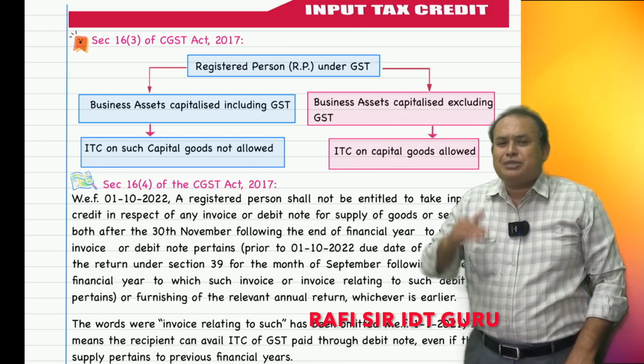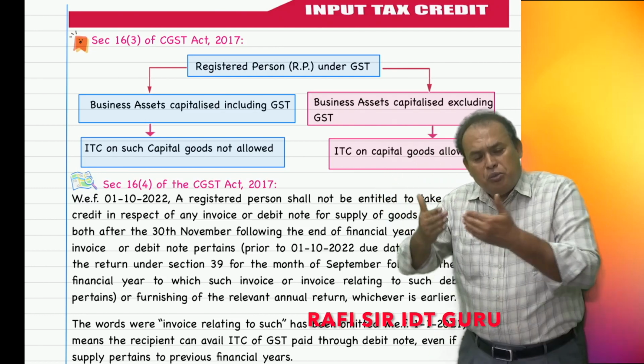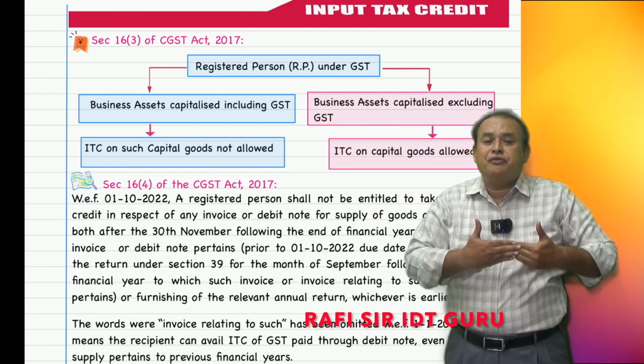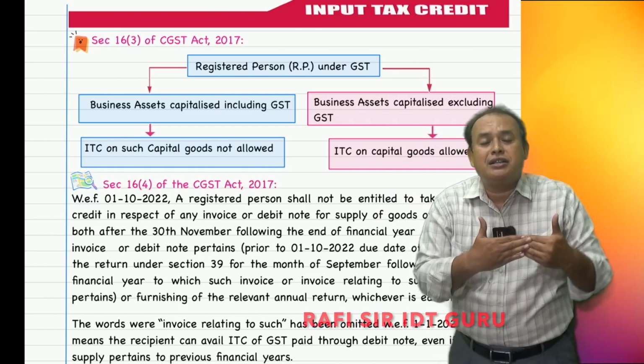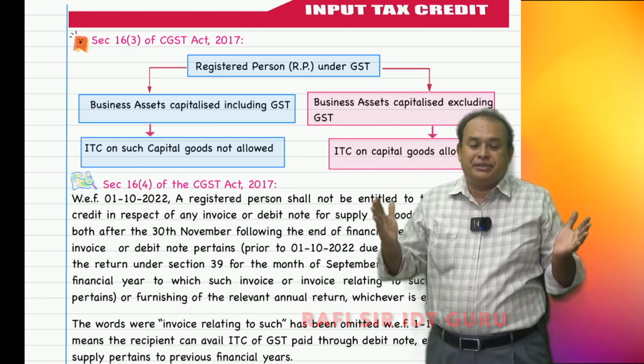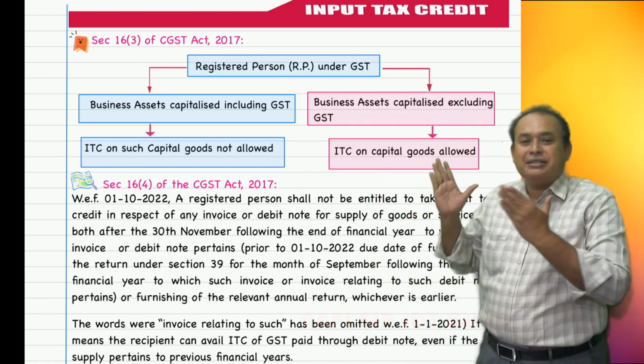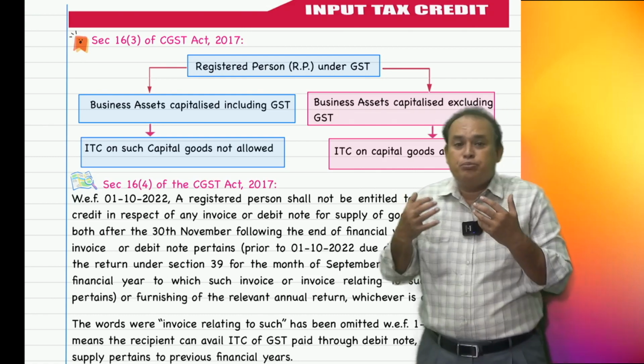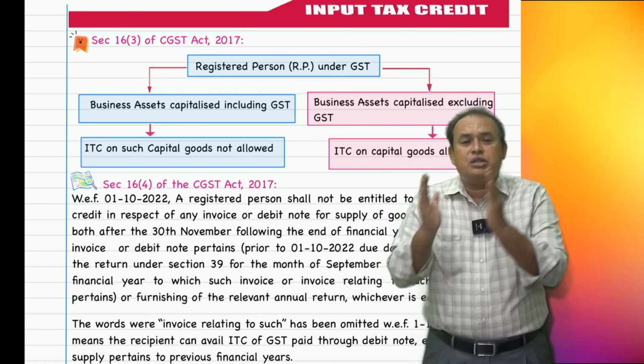On all tax planning aspects, I will refer to this point again under section 54 of the CGST Act, under the chapter called refund of GST. At that time you will understand. Section 16 subsection 3 gives the provision. Sir, asset to asset you can decide.